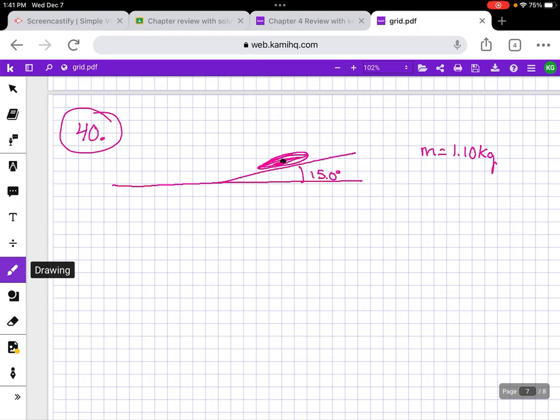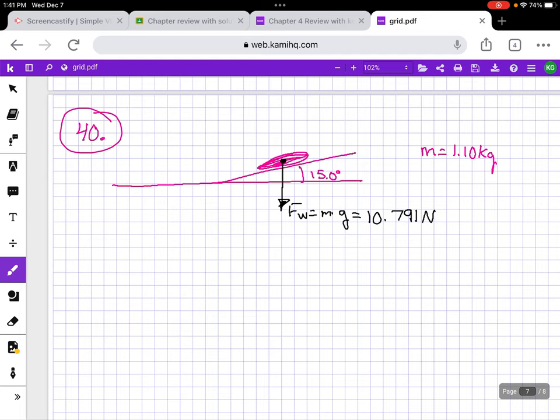So, force weight, which is equal to mass times gravity as always, which is 9.81 meters per second squared times 1.1. So I'm going to write it all out again: Newtons.